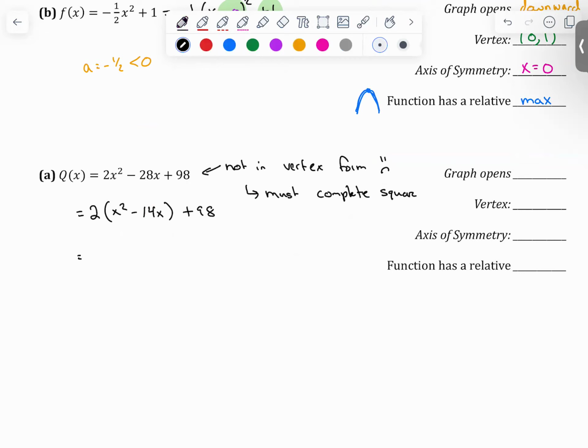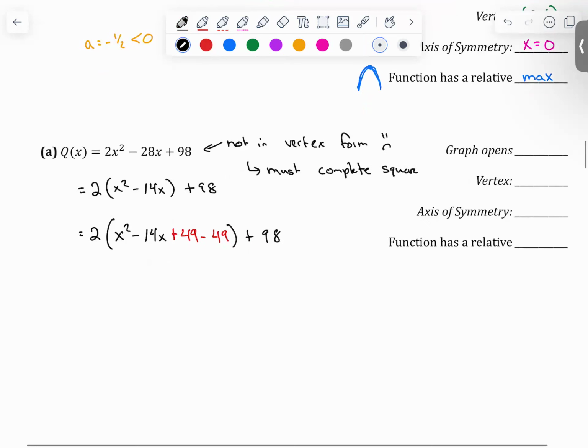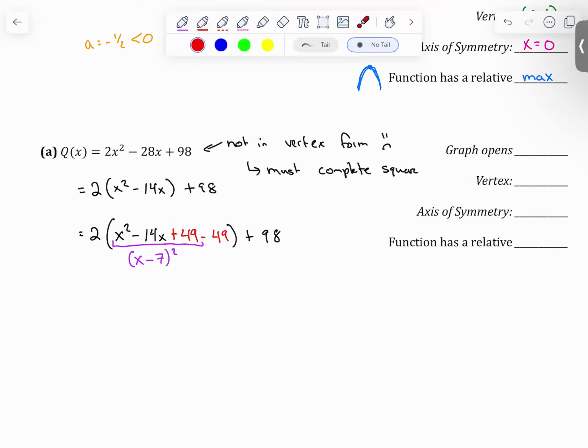So this should become 2 times x squared minus 14x plus 49, and then immediately subtracting 49 so that we're only adding 0, which doesn't change anything. And the whole point is that these first three terms make a perfect square trinomial. They make x minus 7 squared. Your b over 2, negative 14 over 2, would be negative 7, and that's what that value is.